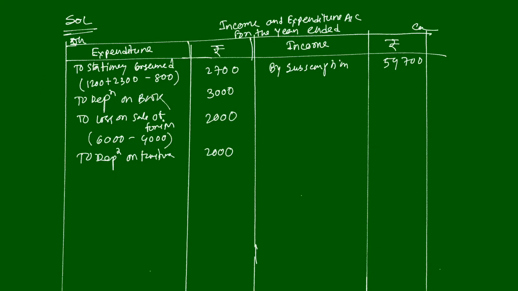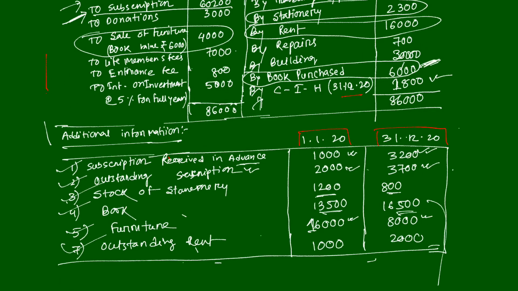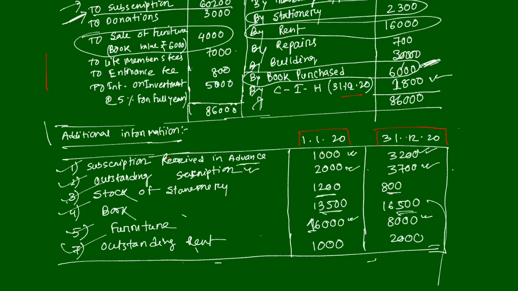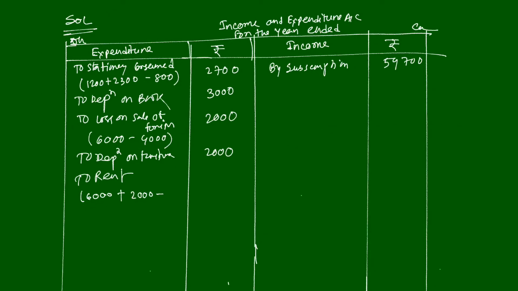So to rent 16,000 plus, here it is outstanding 1,000 and 2,000. We know outstanding closing plus beginning, outstanding beginning plus, closing plus and beginning minus. That's why that beginning will be minus here.